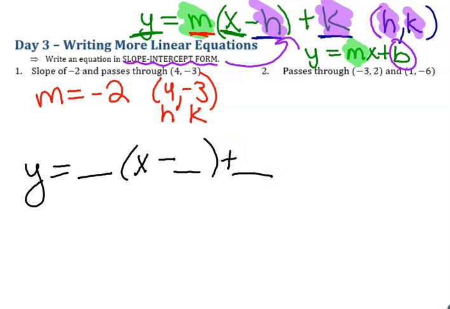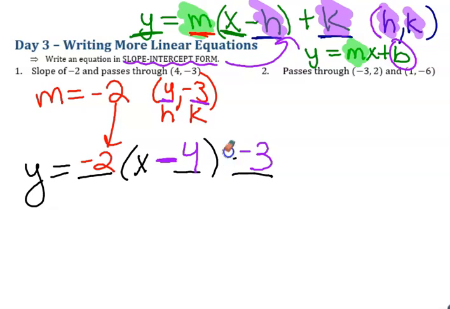So I know I'm plugging things in. What goes in front? The M. It's right there. Plug it in for M. Now I'm going to plug in the H and the K. Please make sure in the formula this is a minus, folks. So I'm going to plug in 4, and then I'm going to plug in -3.